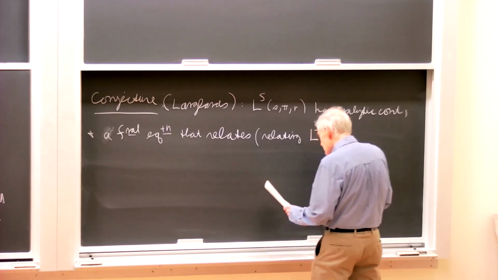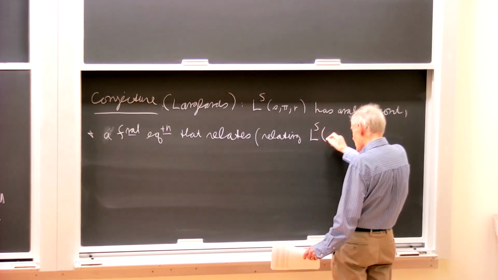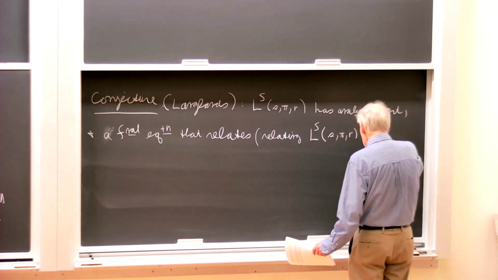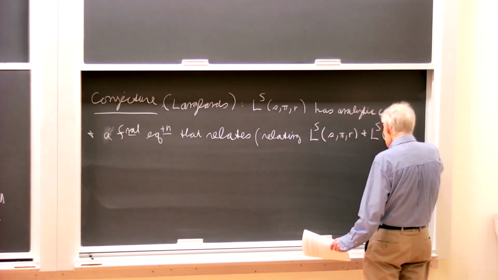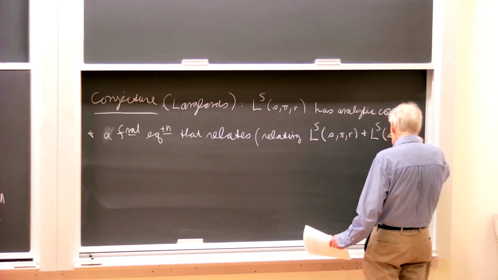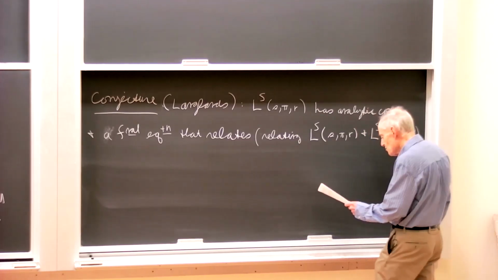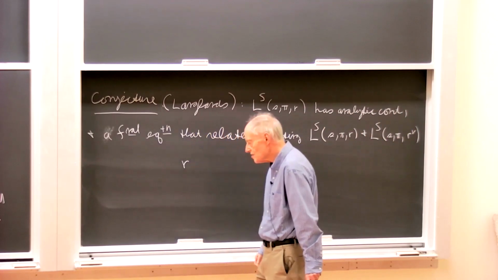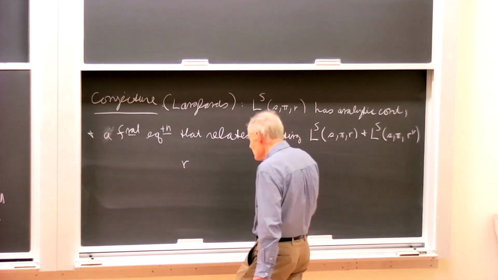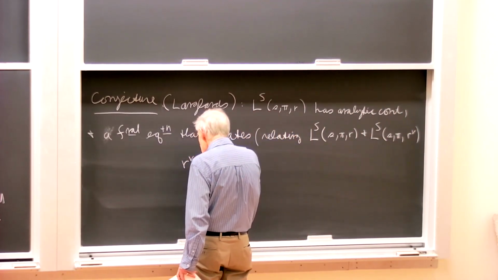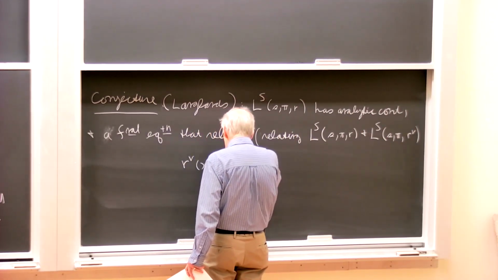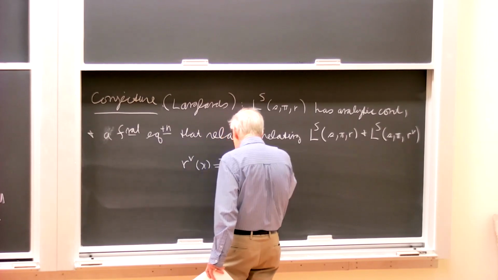Well, it's relating the values L^S(s, pi, r) and L^S(1-s, pi, r check), and actually the contragradient representation r check of x equals r of x transpose inverse.